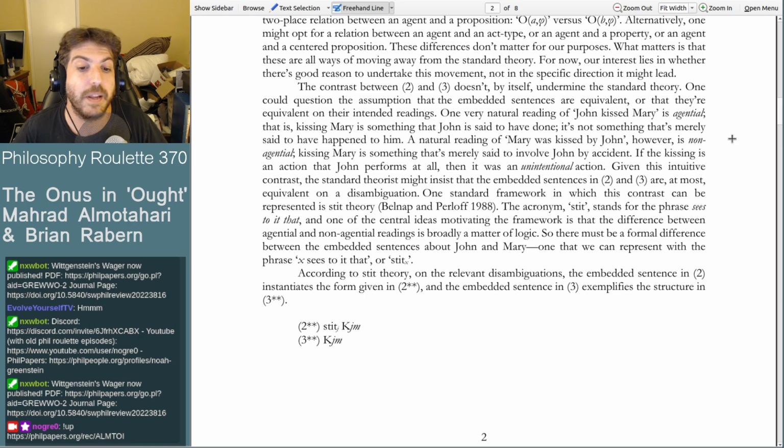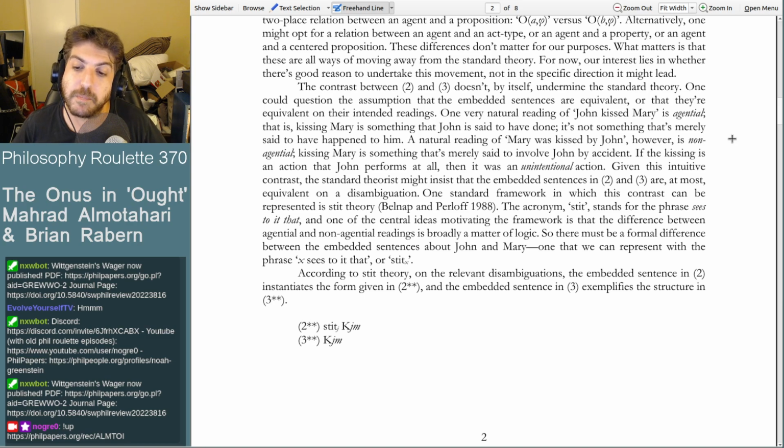One standard framework in which this contrast can be represented is STIT theory, that's of Belnap and Perloff '88. The acronym STIT stands for the phrase sees to it that, and one of the central ideas motivating the framework is that the difference between agential and non-agential readings is broadly a matter of logic.